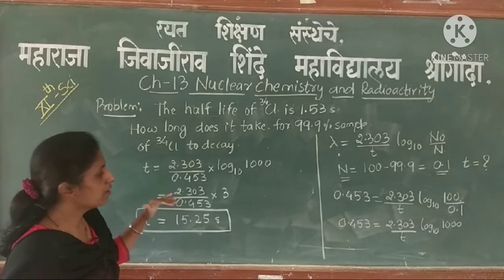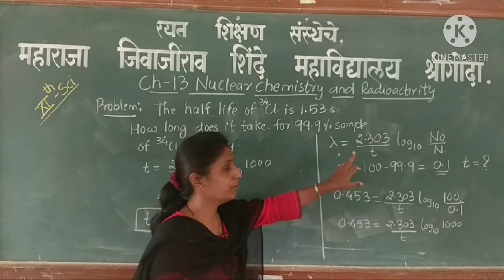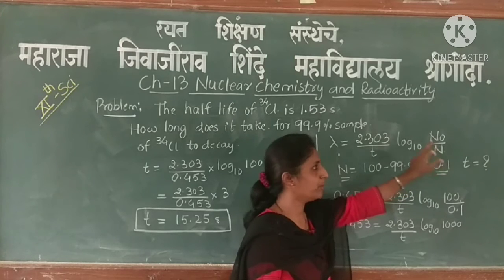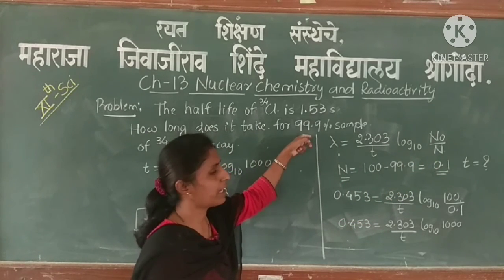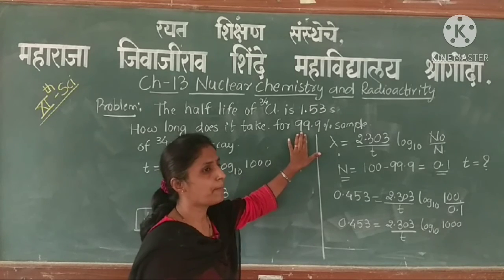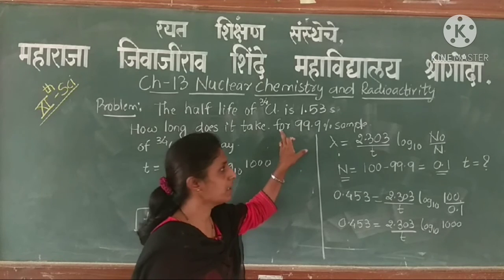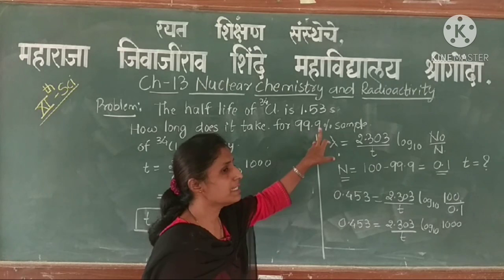So we have first calculated. Here, while substituting the value of n, you have to be very careful because you can't substitute this directly. You don't take this as 99.9%. This is not the number of nuclides at that time. Okay, you make a mistake. Don't take this as 99.9. What is given? This much of the sample has decayed.